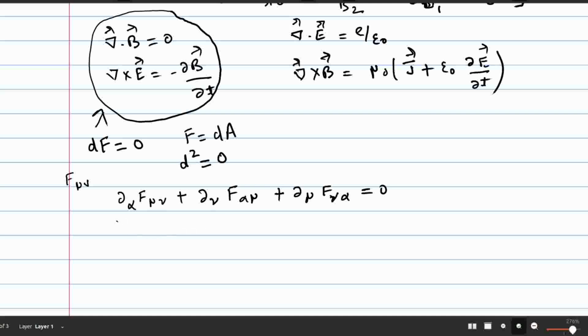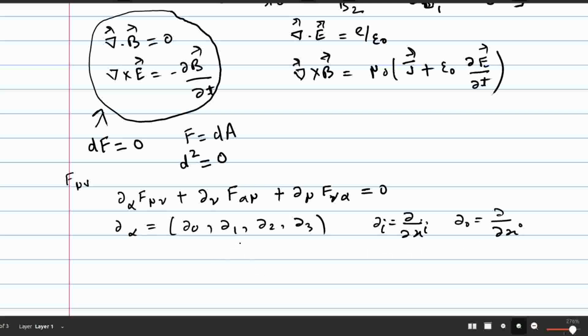Here del alpha is a short form for del 0, del 1, del 2, del 3, where del i simply means derivative with respect to xi, and del 0 means derivative with respect to x0. So this equation dF equal to 0 in terms of components can be written like this.